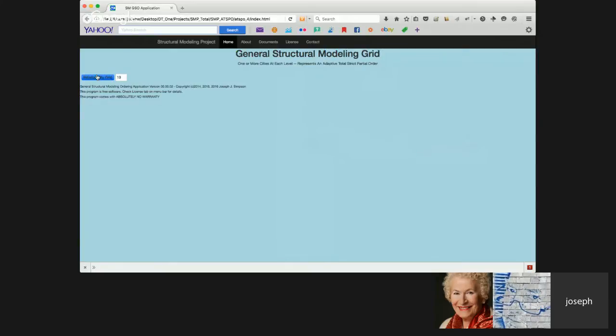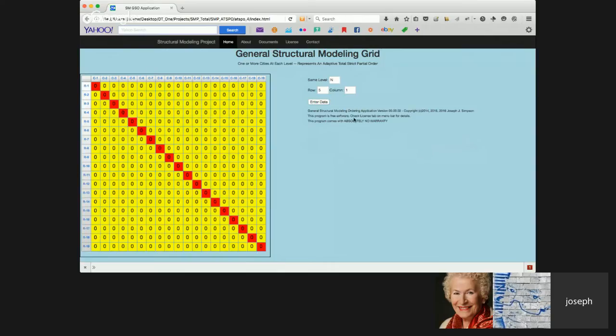And we say, all right, city 2 is north of city 1. So let's enter that data.